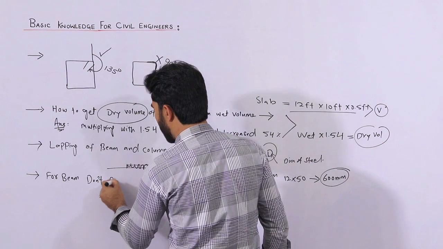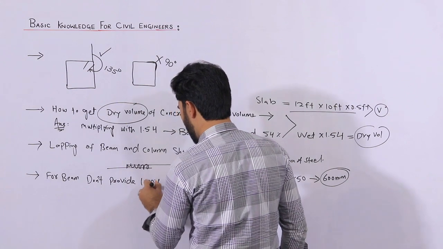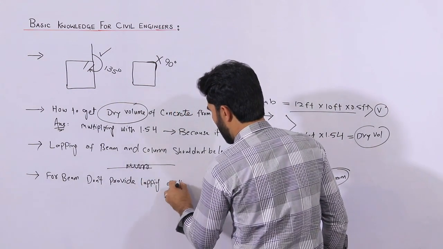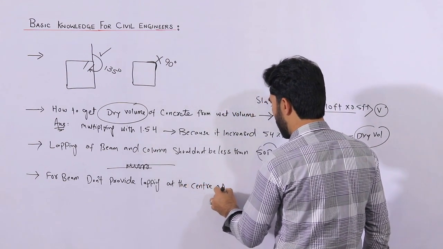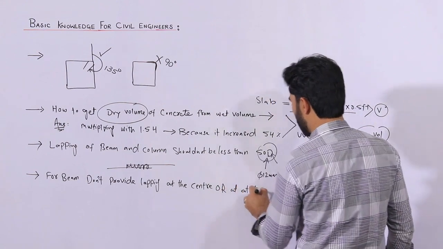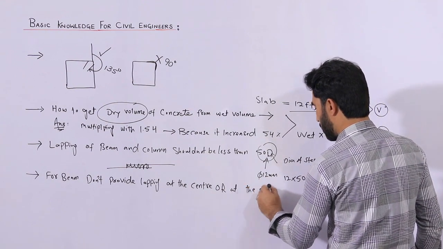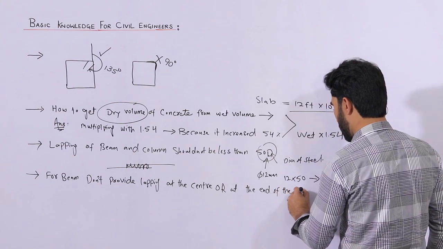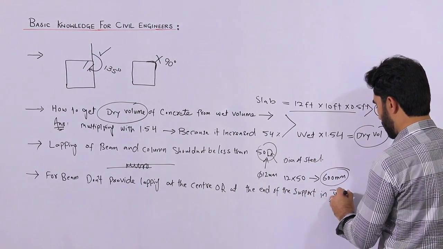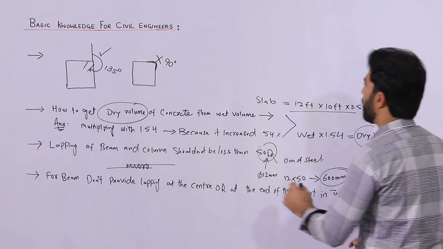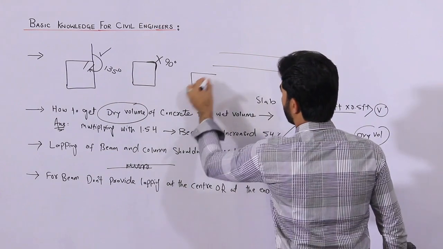Now the next one is, guys, for beam. Don't provide lapping at the center or at the end of the support, and in the tension zone. Let me guide you here. You can see this is the long section of the beam and this is its cross section.